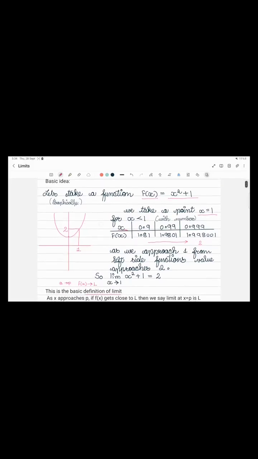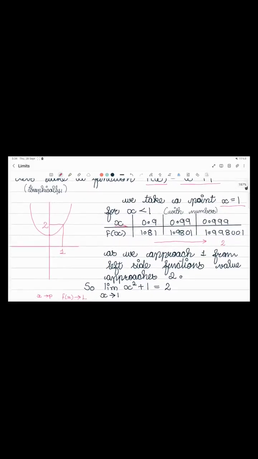So in the graph we can observe that as we approach 1 from the left hand side, we can see that the value of the function tends to 2, and similarly from the right hand side, if we approach 1, our function's value gets closer and closer to 2.